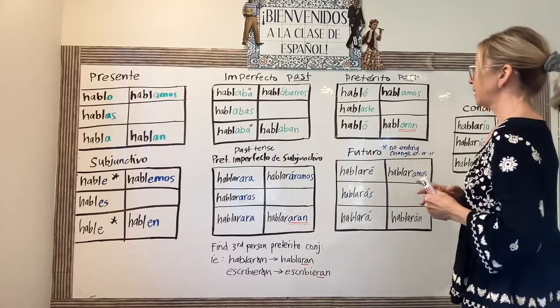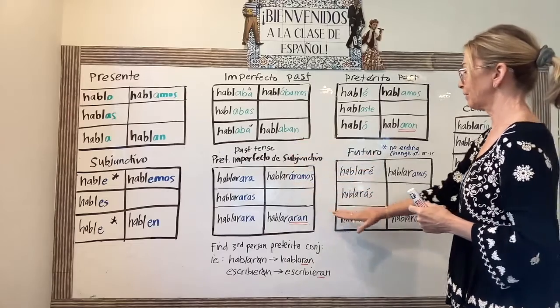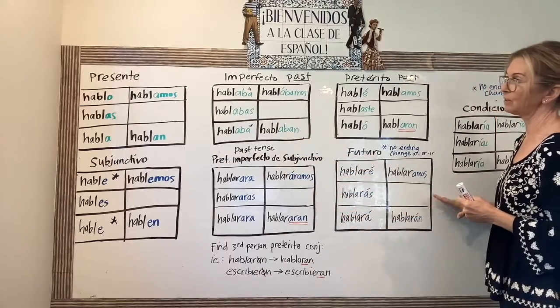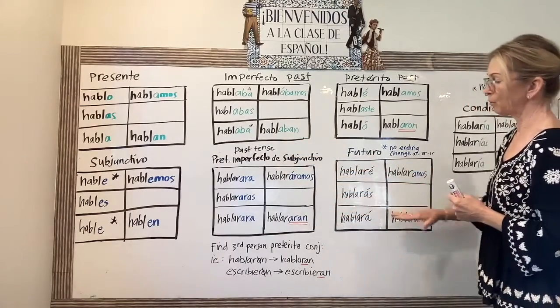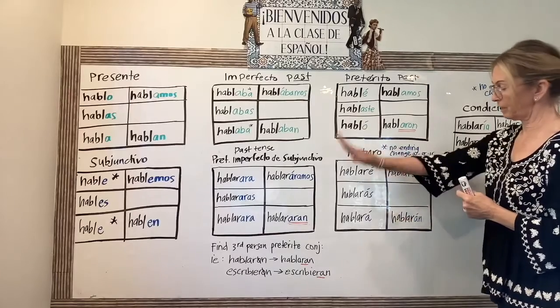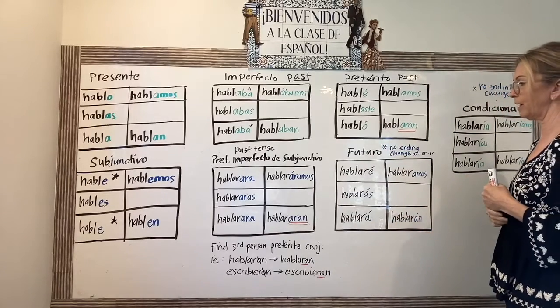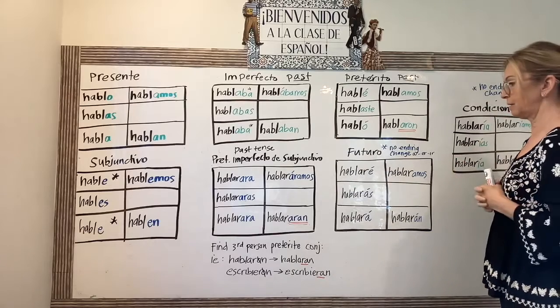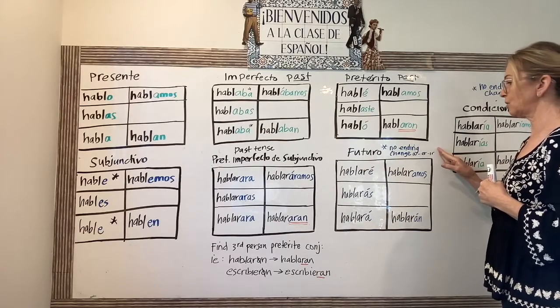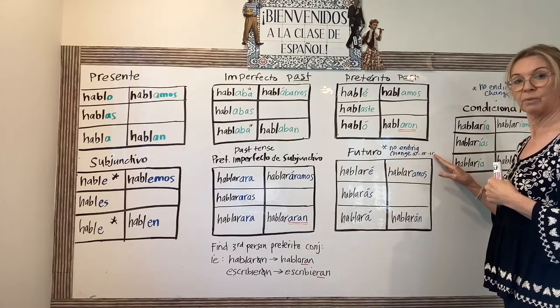So let's move on to the future tense. Okay, so this is great. Another way to look at this, well, anyway, let's move on to the next, and we'll look at this one in a different way. The future tense is very easy. There's no ending change for AR, ER, or IR verbs. Okay, so easy.